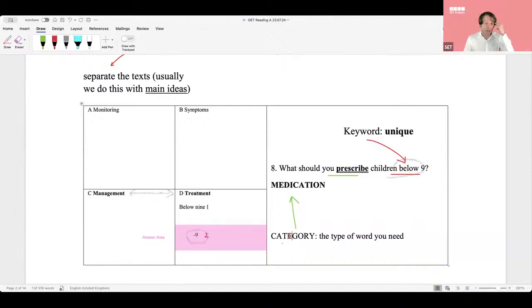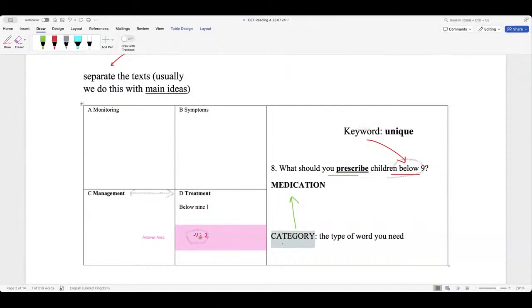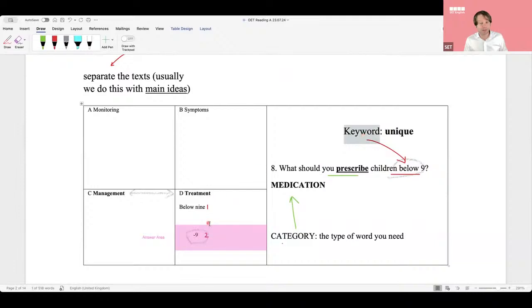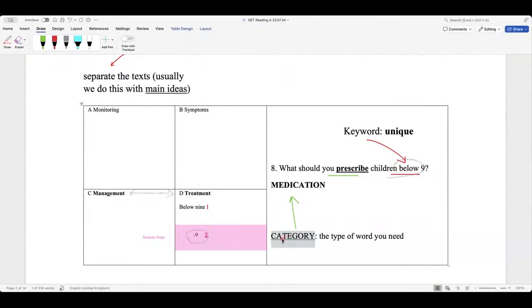Then you think about the category. Then you go and scan to find the answer. No, you go and find the keyword, okay? When you find the keyword, you need to find an example of the category. Does that make sense?